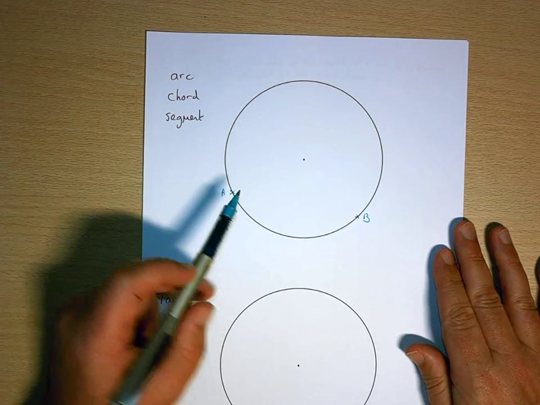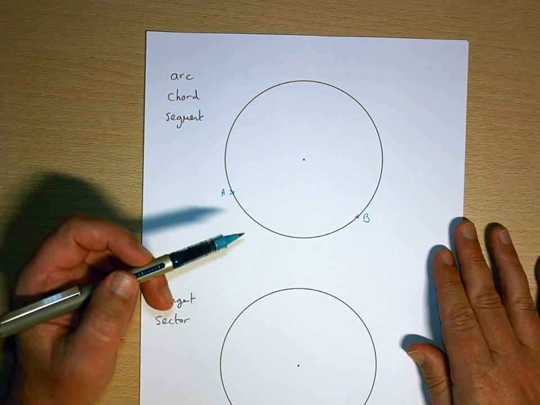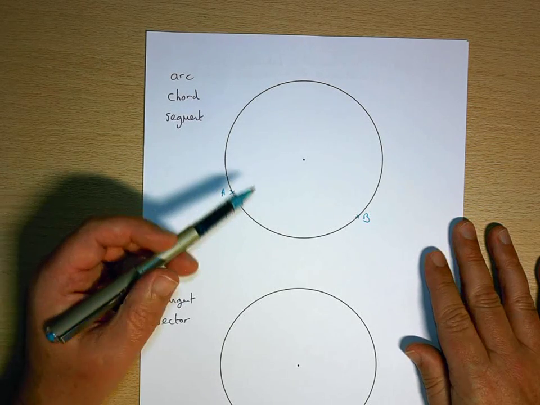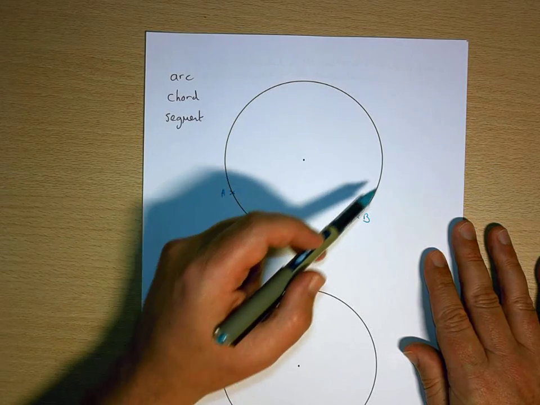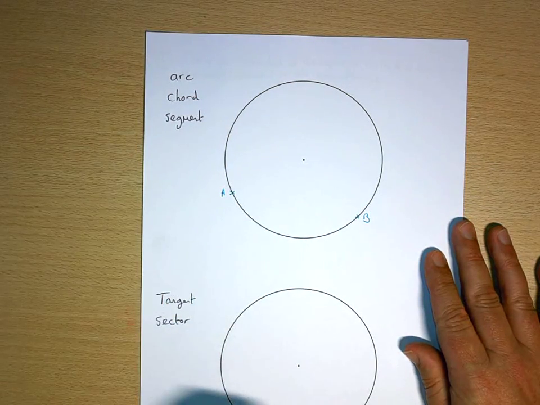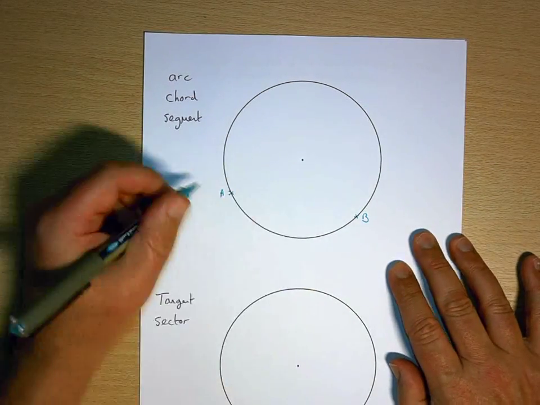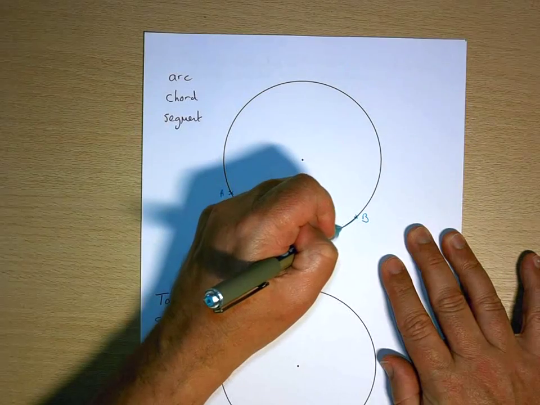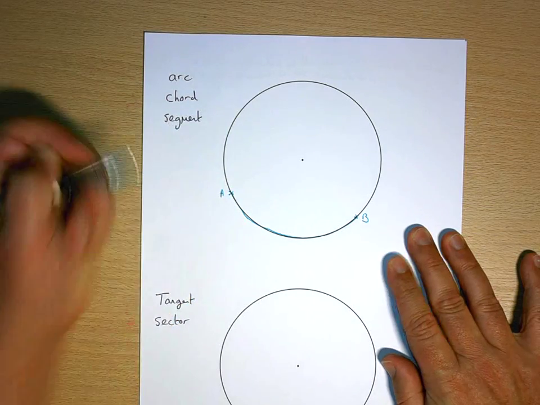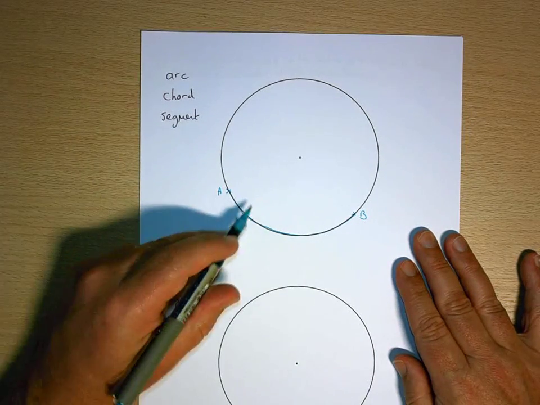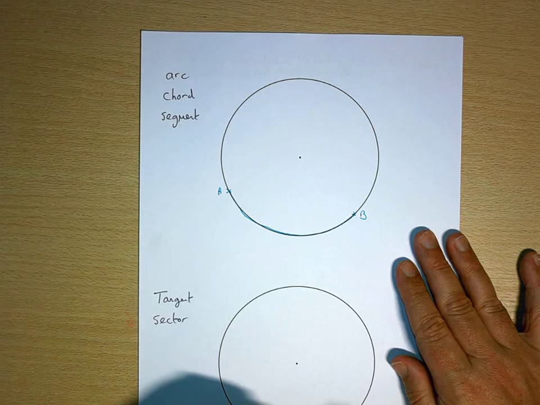And usually with the larger and smaller bits of circles, we refer to them as minor and major. So that would be the minor arc AB, and that would be the major arc AB. So the arc AB is the distance around, so if I try and colour that in blue, that part there would be the minor arc.